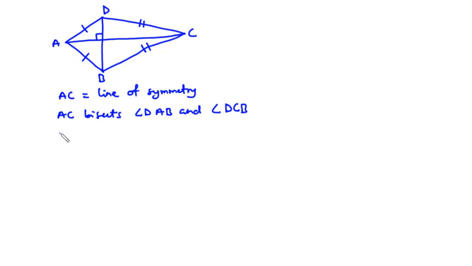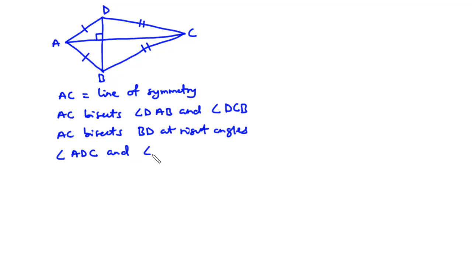AC also bisects BD at right angles, and then the angles ADC and ABC are equal.